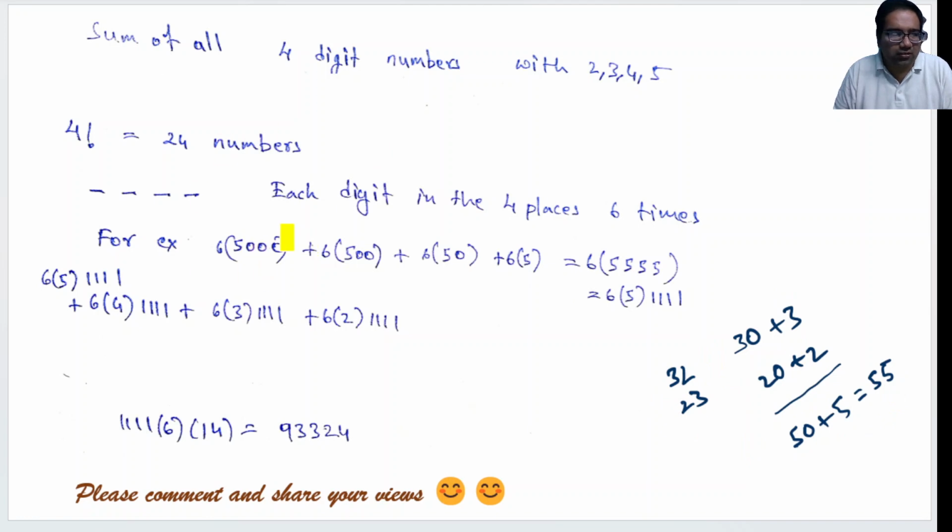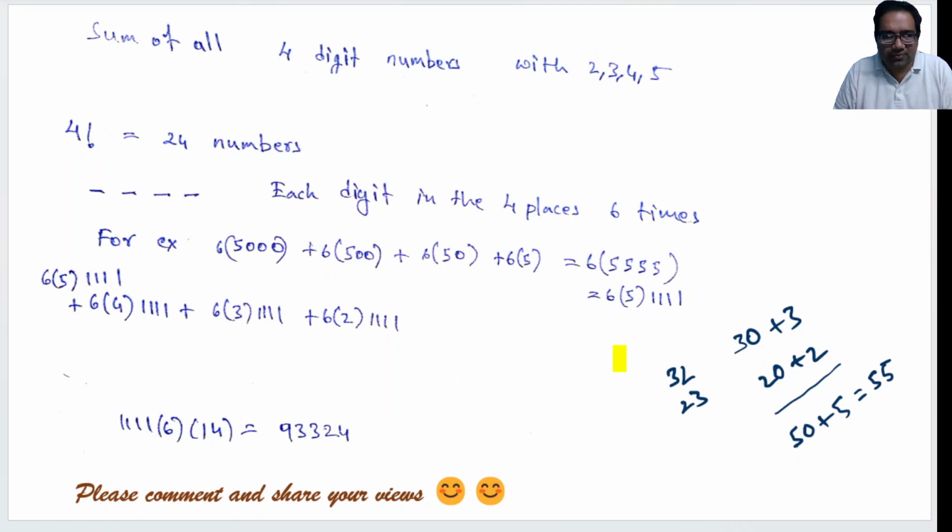This is what we are doing here also. 5's contribution: 5 is in the fourth position in some numbers and in every other position in others. It contributes 5,000 here, 500 here, 50 here, 5 here. Similarly, for 4, six numbers with 4,000, plus six numbers with 400, six numbers with 40, and six numbers with 4.